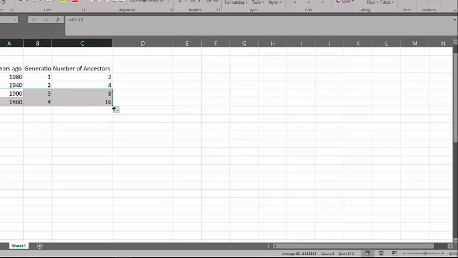And around 1860, on average for us, of course, we'd have 16 ancestors. Kind of interesting to think this would have been a Civil War era. So while that was all going on, there would be 16 ancestors running around. So if you went back in time to see what was going on, you would have 16 people that you did not want to mess with, lest you return to the present to find that you do not exist.